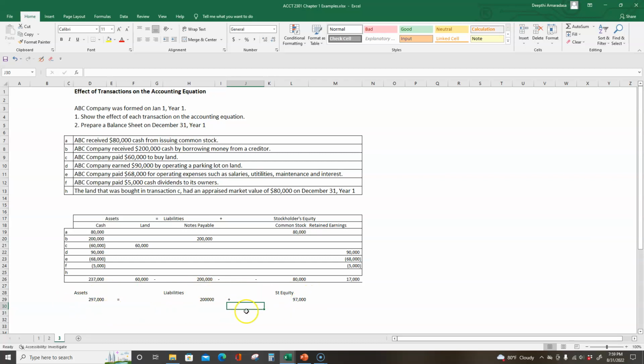So our accounting equation is in balance at the end of the accounting period, which is end of the year. It was in balance at the beginning because it was 0 equals 0 plus 0. And we made sure that every transaction that we looked at had the accounting equation in balance. So therefore, our ending balance resulted in a balanced accounting equation.